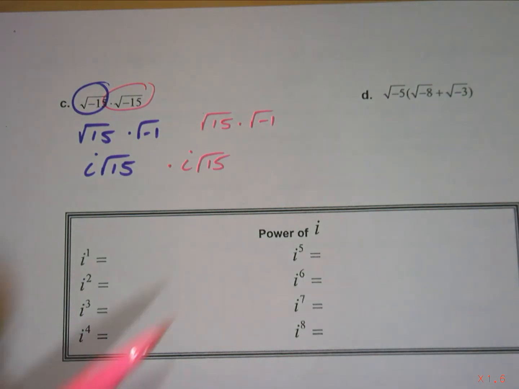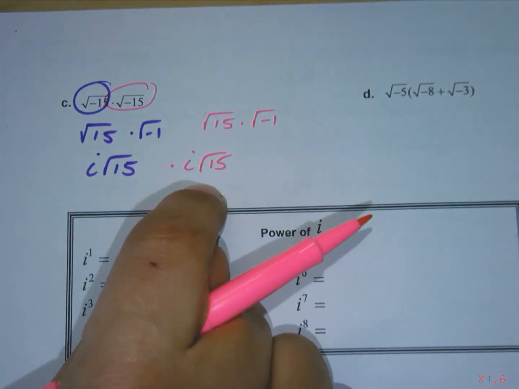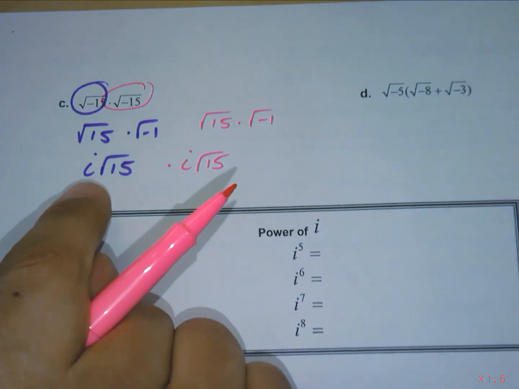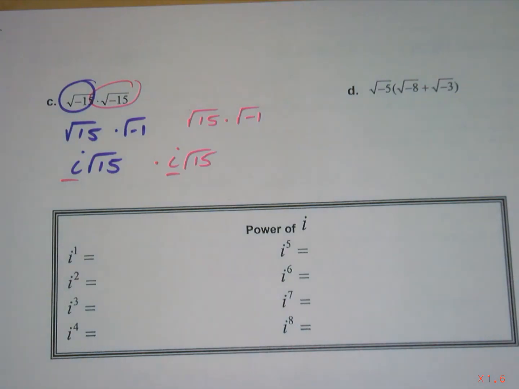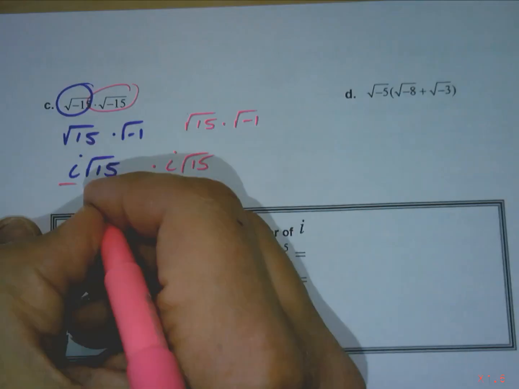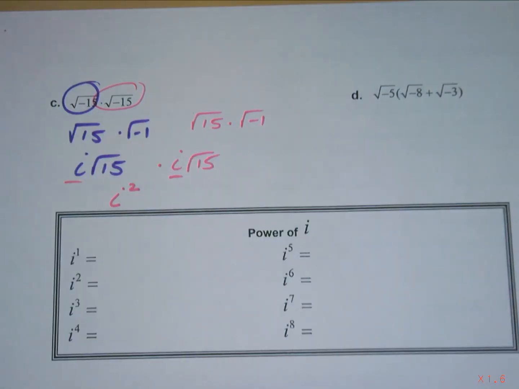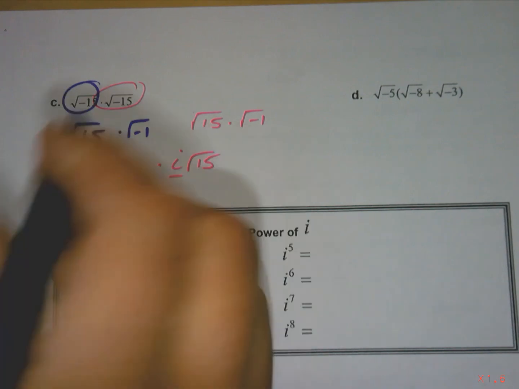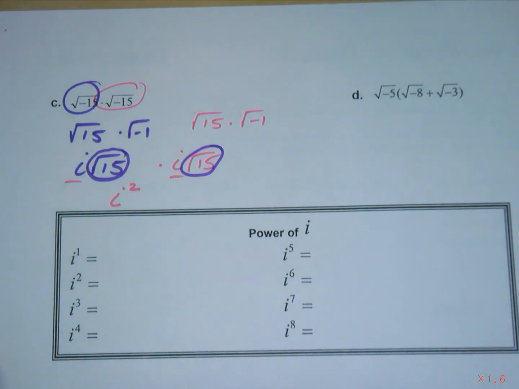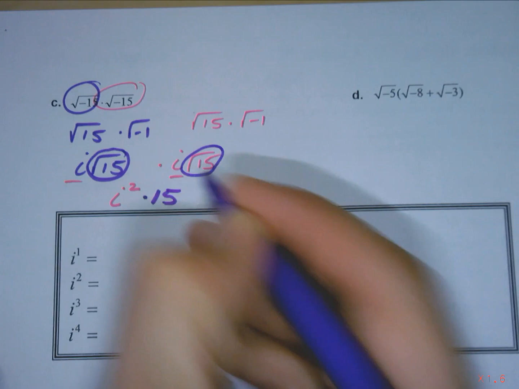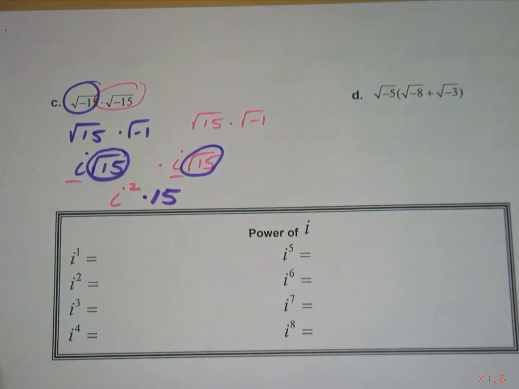Okay, so I'm going to take this i root 15 times this i root 15. First, the numbers in front, the i's: take the i's and multiply them together. i times i is i squared. Now I'm going to take root 15 times root 15. What's root 15 times root 15? Just 15. Now in the front, we talked about what i squared is, from the front page.